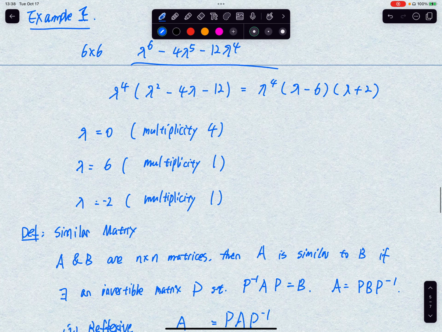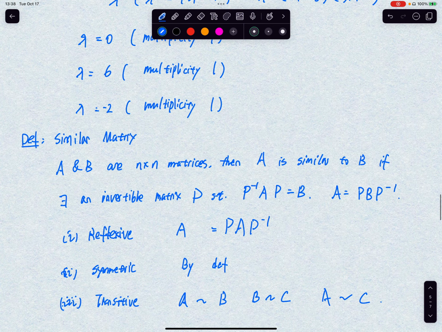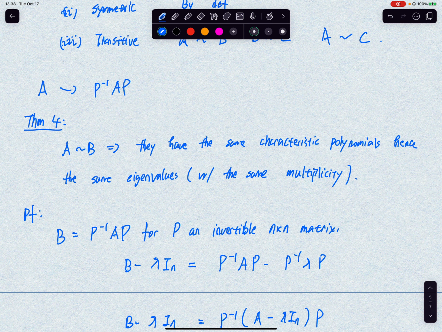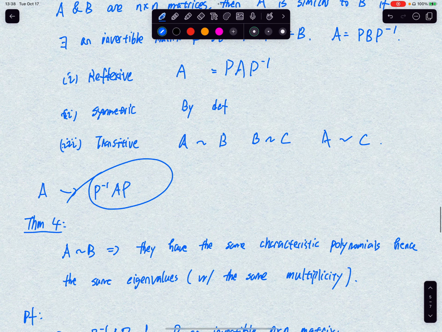Okay, so this summarizes the material of this lecture. In the next lecture, we're going to talk about complex eigenvalues and diagonalization, which is an extension of this, where P is an invertible matrix and the inner one, instead of A or B, is a diagonal matrix, which possesses more powerful properties.